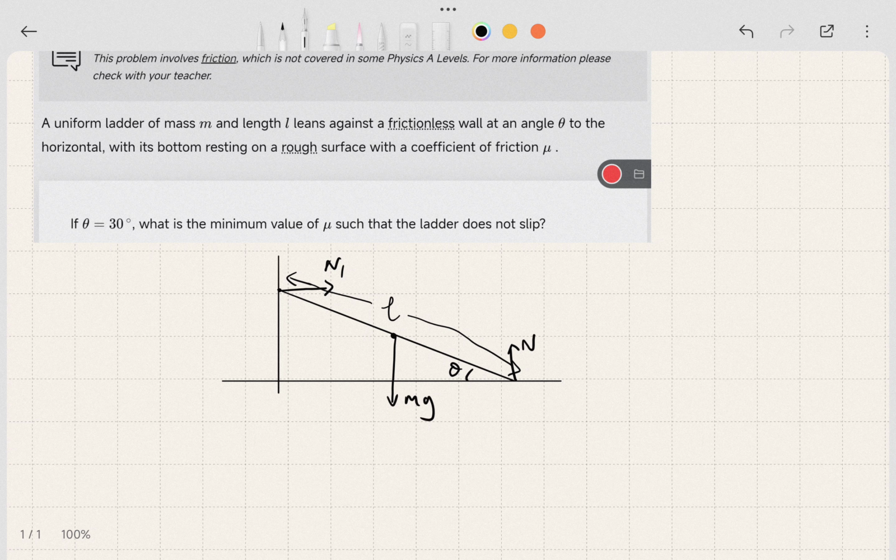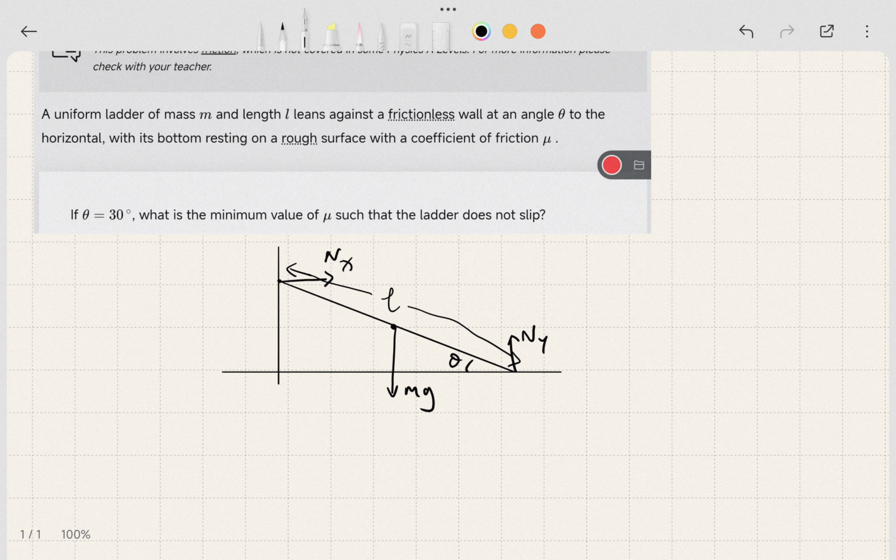Actually, it might be better to say this is NY and say that this is NX, because it acts in the x-axis, which is horizontal, and y acts in the vertical direction. So essentially, theta here is 30 degrees as provided, and we're asked to find mu min, the minimum value of mu such that the ladder does not slip.